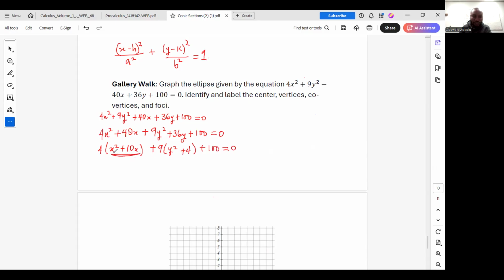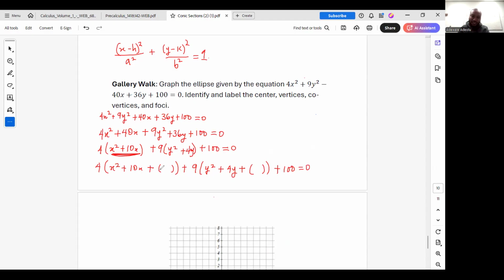So I can complete the square here. I have 4 into x squared plus 10x plus, I will add some quantity, plus 9 into y squared plus 4y plus, I add some quantity there, plus 100 equals 0.